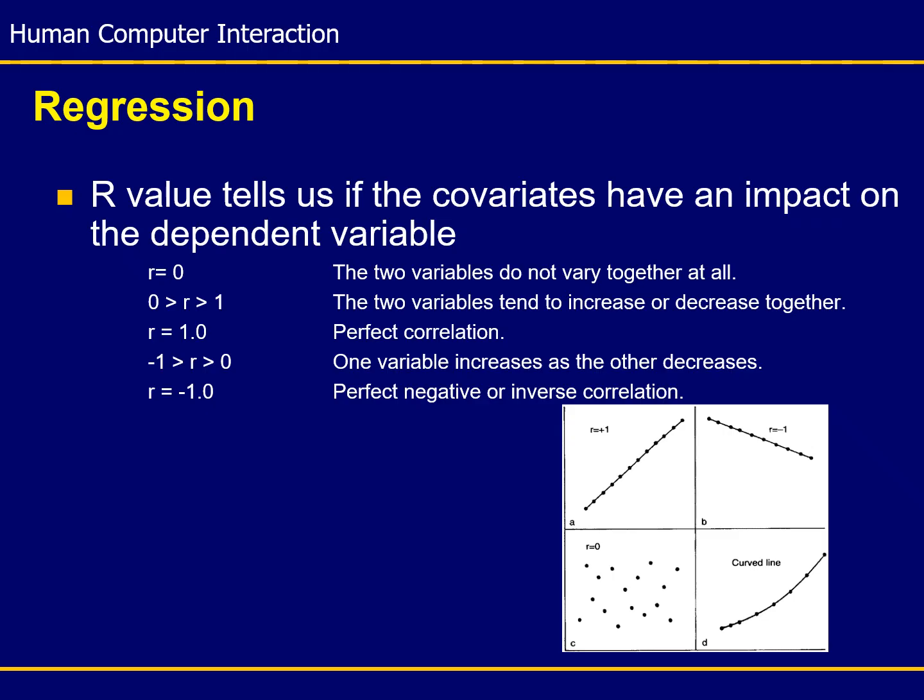So this is what I was telling you about. R value is very important. If R is equal to 0, that means the regression was not able to find a mathematical relation between the data you measured and the independent variable you have manipulated. If R is equal to 1, that means the dependent variable that you measured and the independent variable that you have manipulated are actually very, very related.